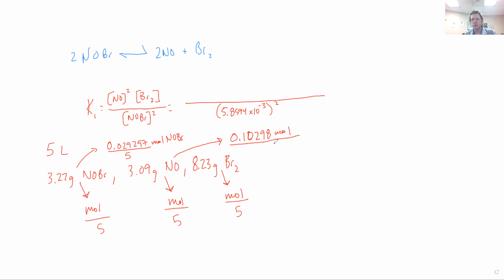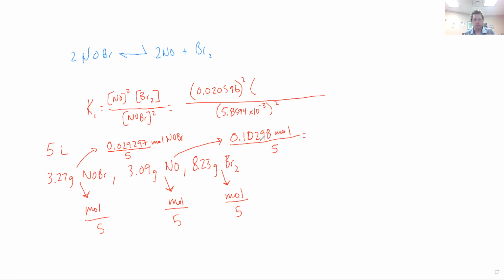This is also divided by 5 to get a concentration. So I'll plug that into my calculator. 0.10298 divided by 5 gives me 0.020596. It's not times 10 to anything. And that's going to be squared.